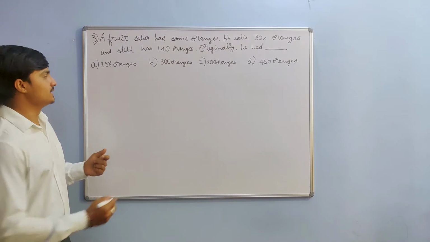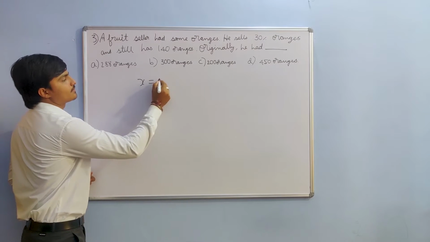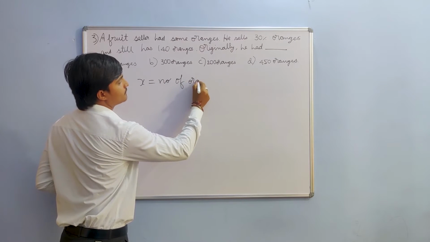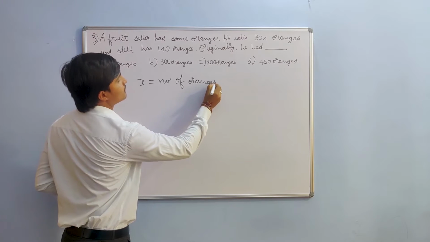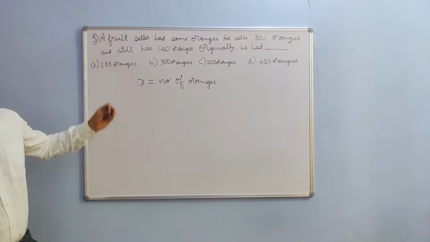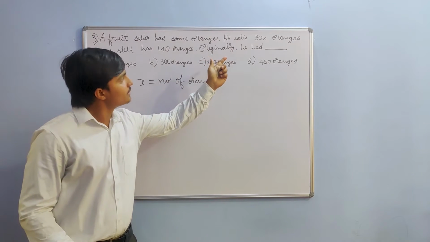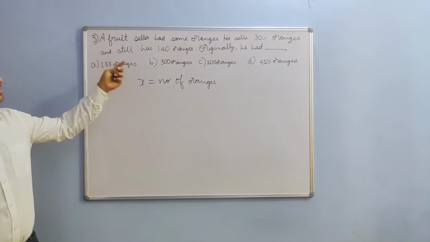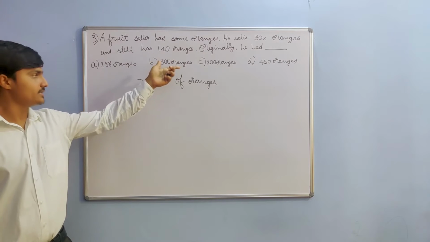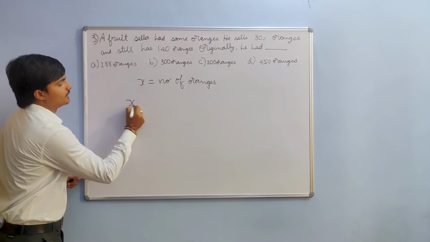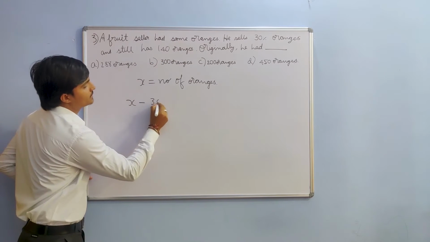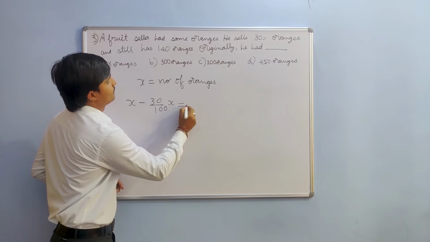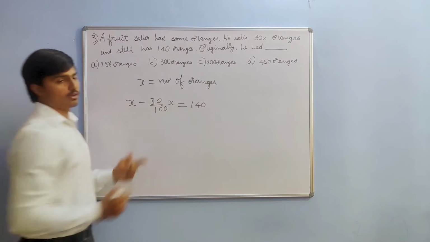Now let's consider x as the number of oranges he had originally. In the question, he sells 30% of oranges and still he has 140 oranges. It means x minus 30% of x will give you 140 oranges.